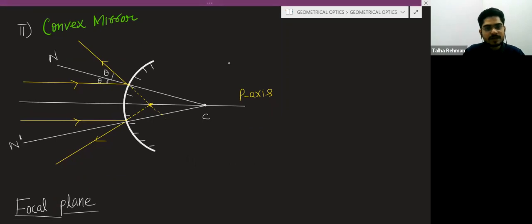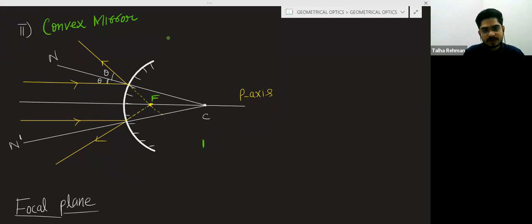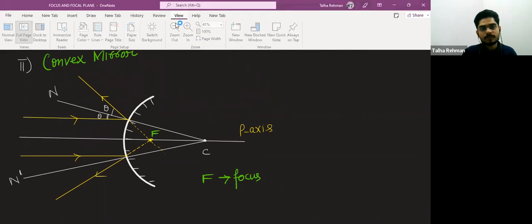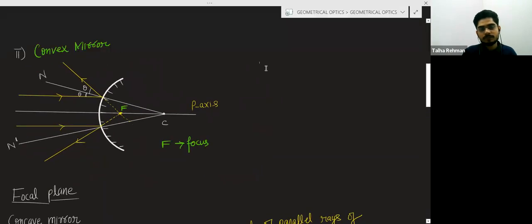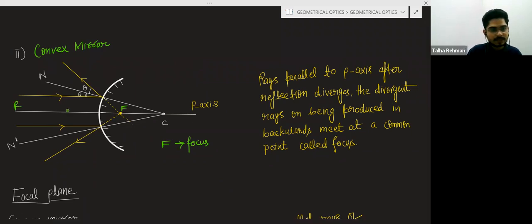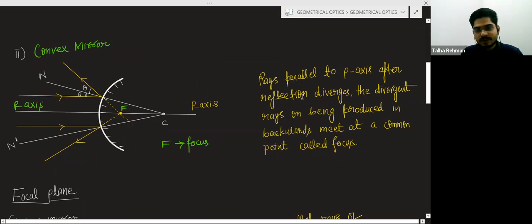So basically this F will be the focus. F is focus here. So rays parallel to the principal axis, basically this is the principal axis, after reflection diverge.